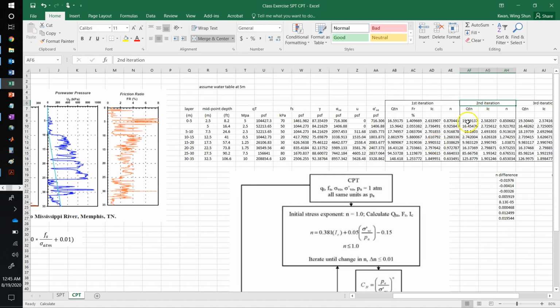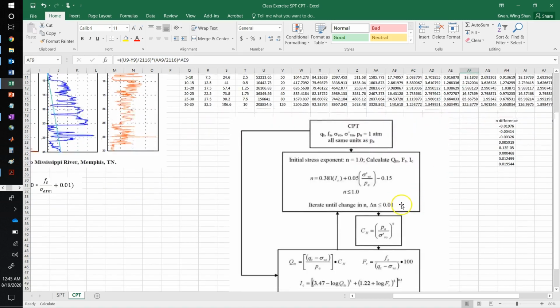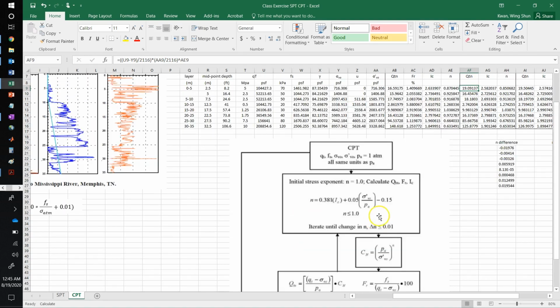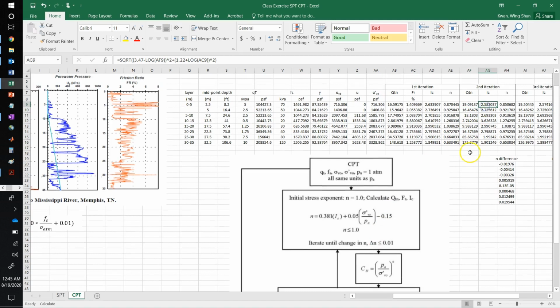And for the second iteration, now I have an updated n. Then I repeat the procedure to calculate the normalized tip resistance, and I also know the sleeve friction. With those two, I can calculate the I sub C, so I have an updated I sub C. With this updated I sub C, I plug back into these equations, and then I can calculate my second iteration's n value again.